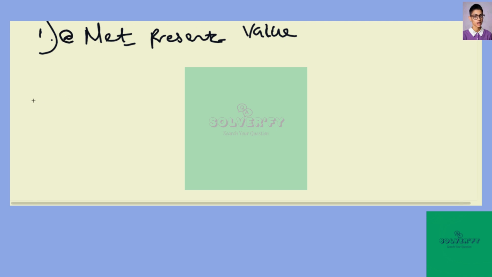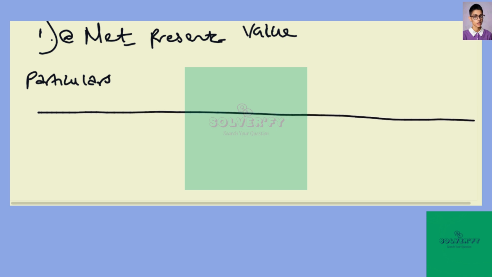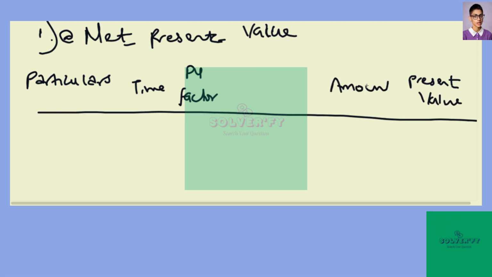For this, we're going to have our particulars, the time, the present value factor, and the present value amount.